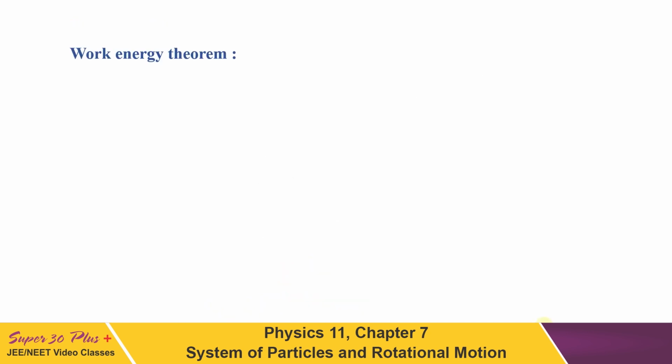Now as you know, all the laws are the same as in translation, so here also we can write the work energy theorem, but this time it has to be rotational work. And you know what is rotational work? This time it should be work done in rotation, that should be equal to, already we have derived this, tau dot d theta.